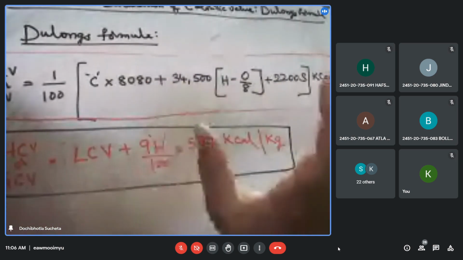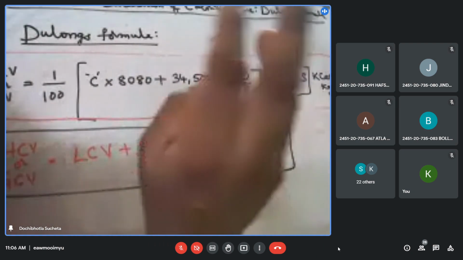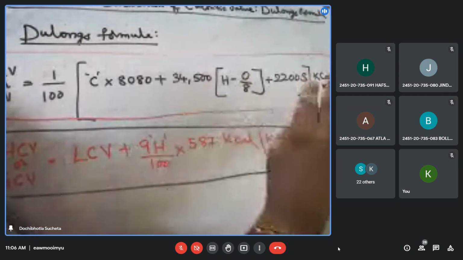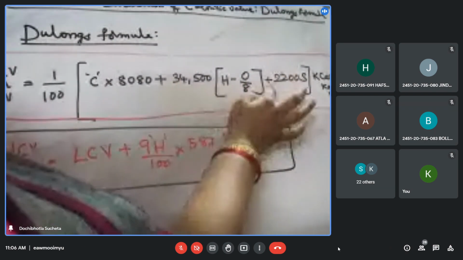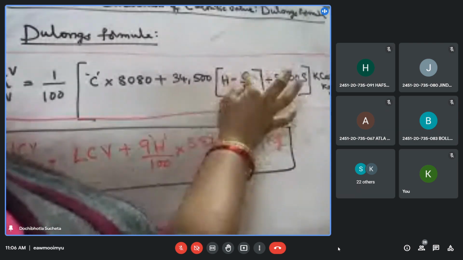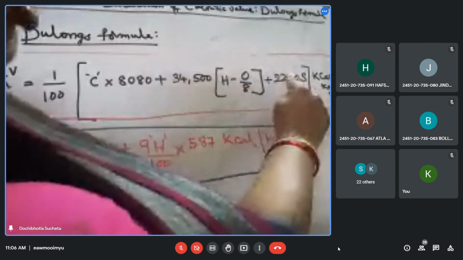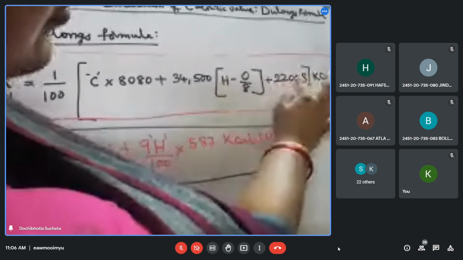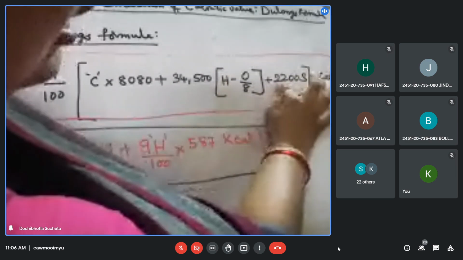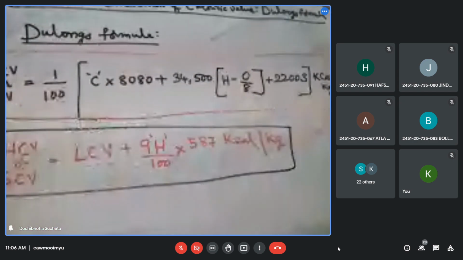What does available hydrogen mean? The hydrogen which can undergo combustion and give heat energy is called the available hydrogen. Available hydrogen is given by the formula H minus O by 8. Next, 2200 S means this is the amount of heat energy liberated when 1 kg of sulfur is burnt in a closed vessel.